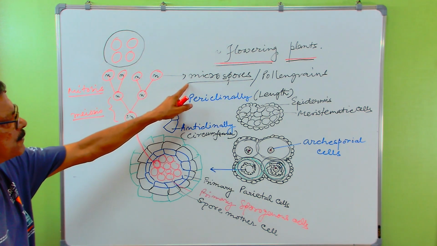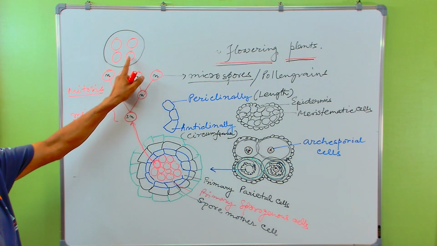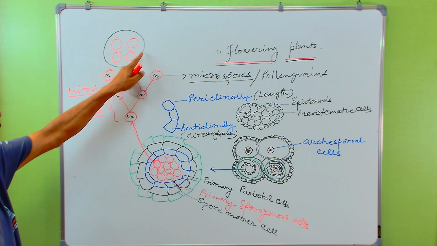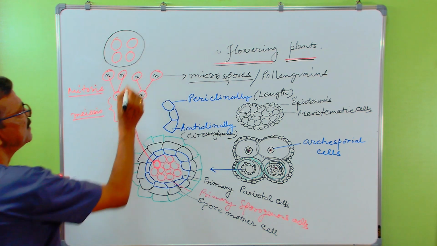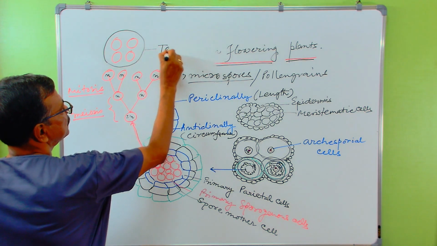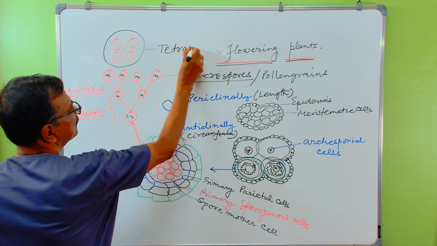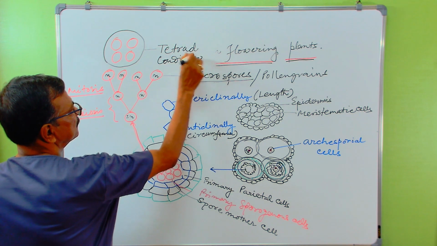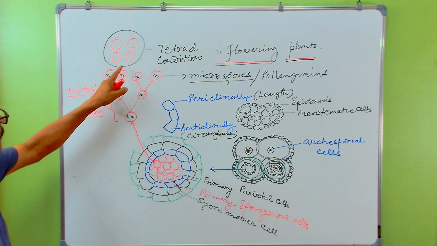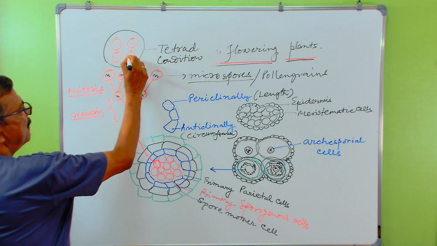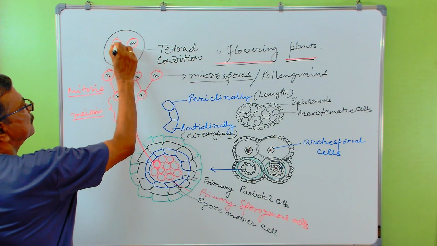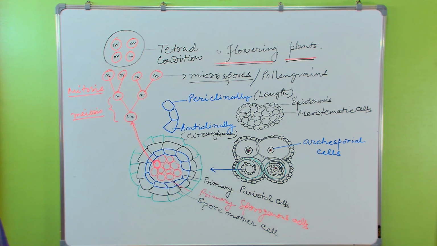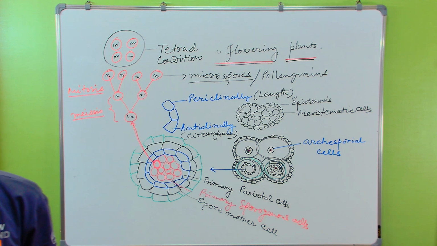The four microspores or pollen grains initially remain bounded by a cell wall. This is called the tetrad condition. Clear? So these are called tetrad conditions. These are all N. So these are called microspores or pollen grains.